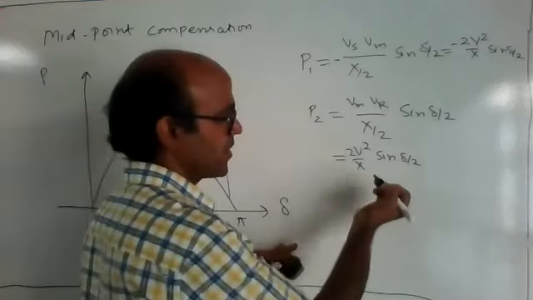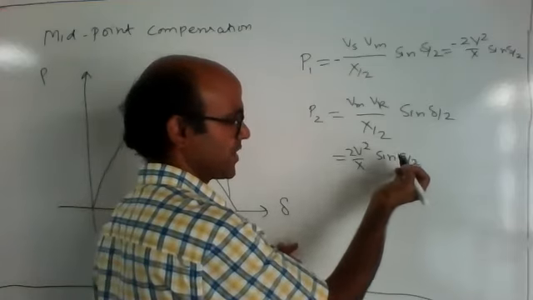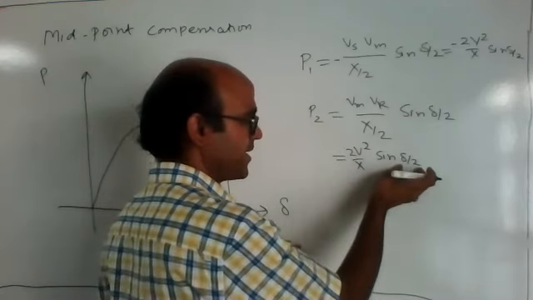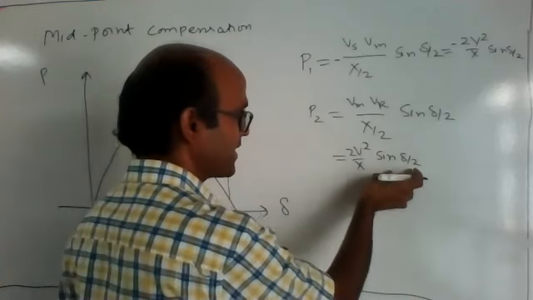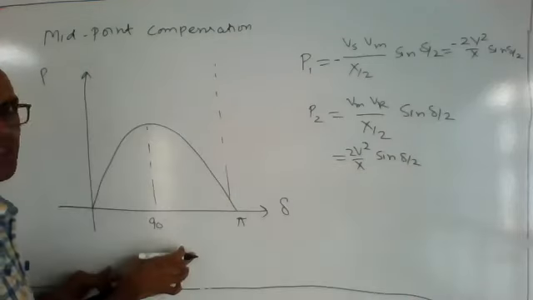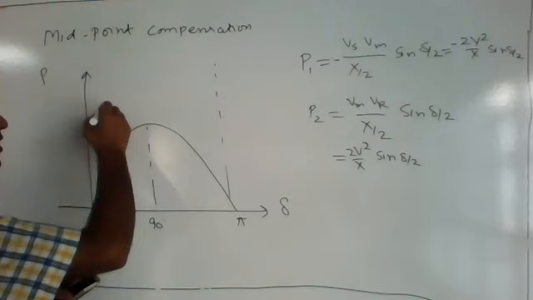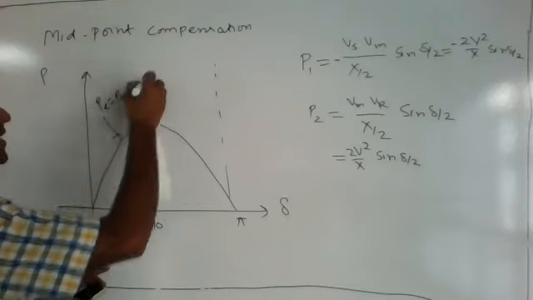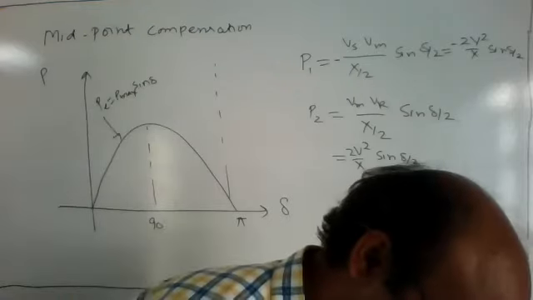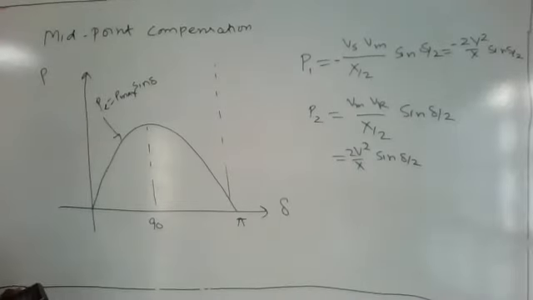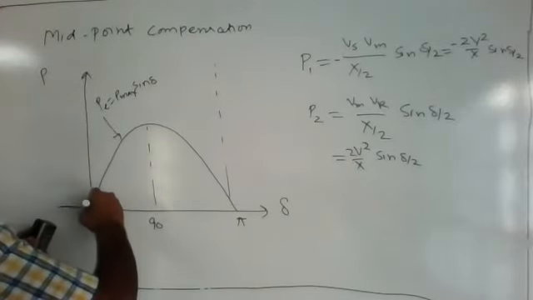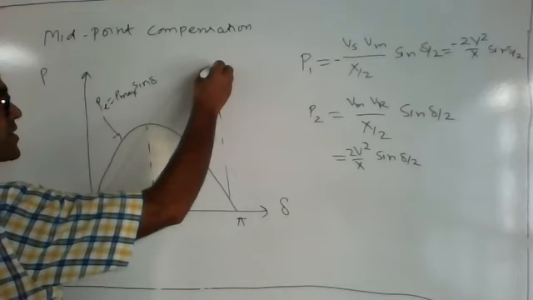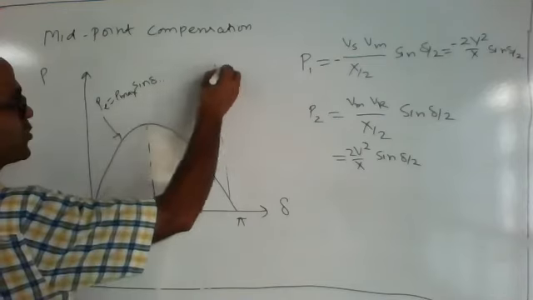You have seen this property of signals. In signals and systems, if I divide the x-axis by 2, it is nothing but an expansion. So P equals P max sine delta, and in the next case, since this is delta by 2, it will look like this. Since this is double, this is P max, so this is 2 P max.